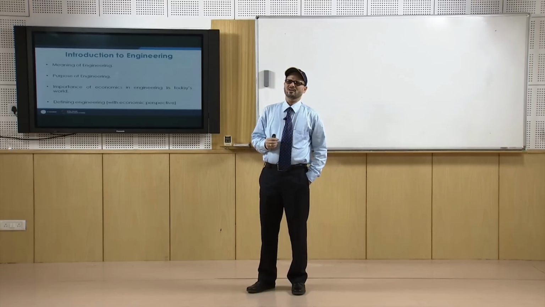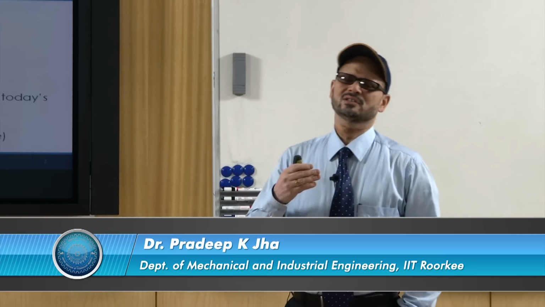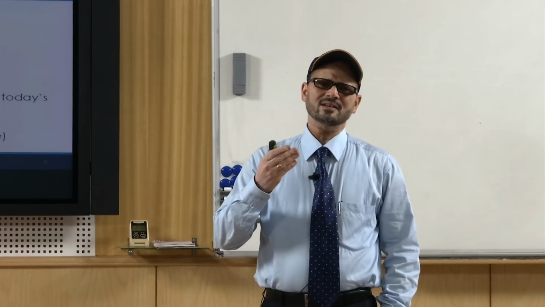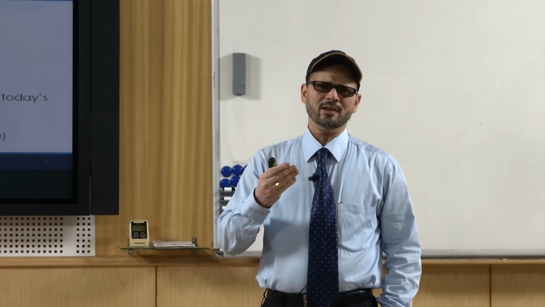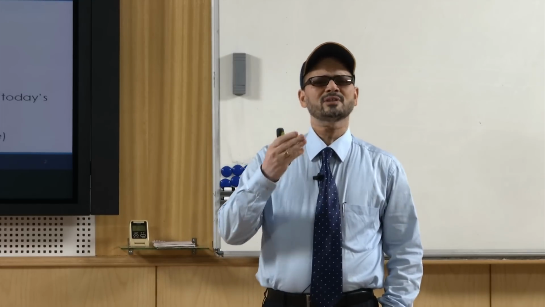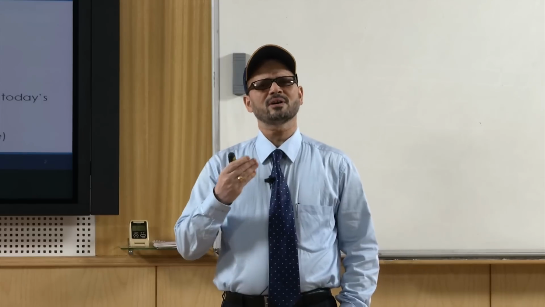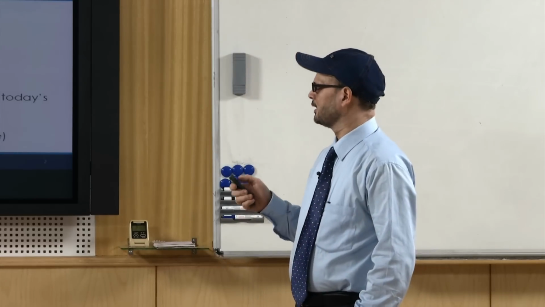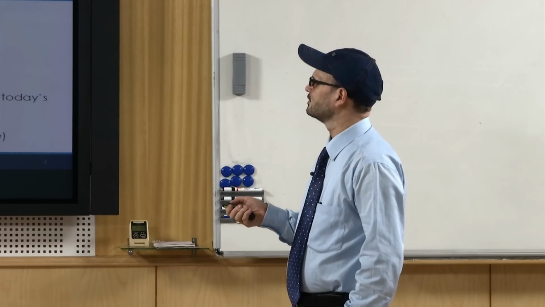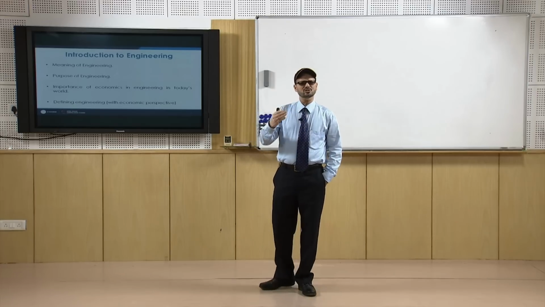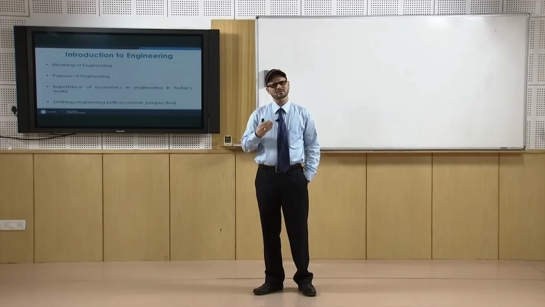So, first of all, let us see what is the meaning of engineering. We all know that we have the resources available and we work on these resources and get ultimately something which is meaningful, something which is useful for the person. So, basically we have the materials, we have the resources on which we work.